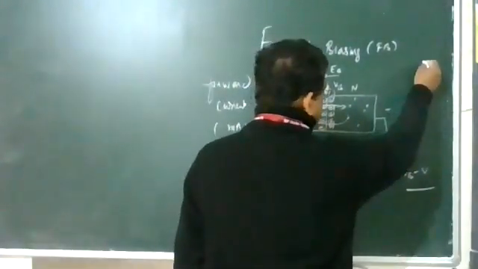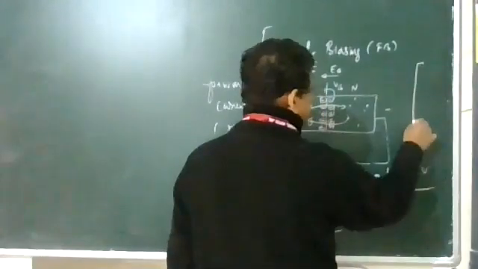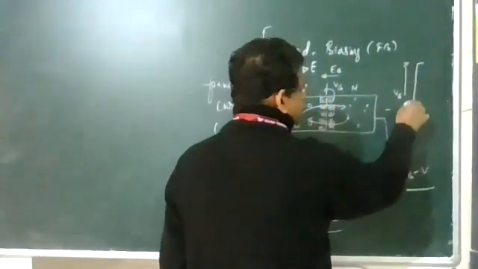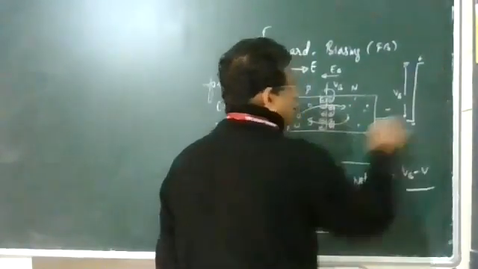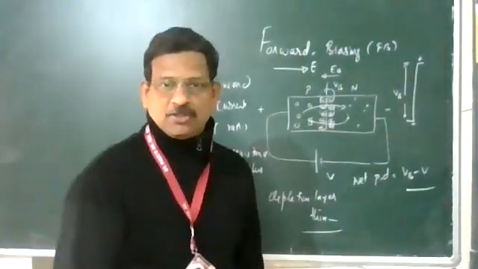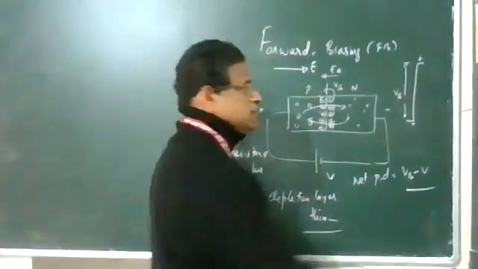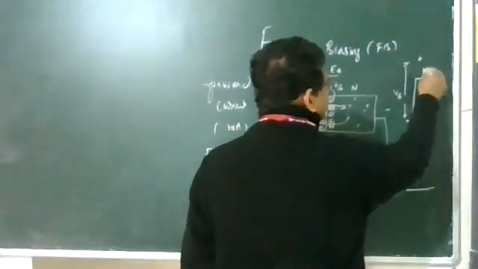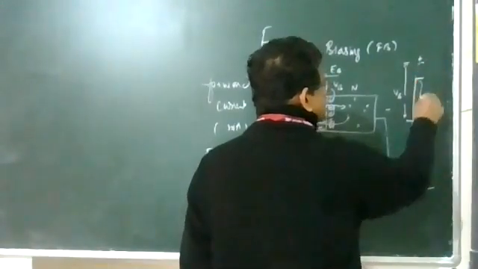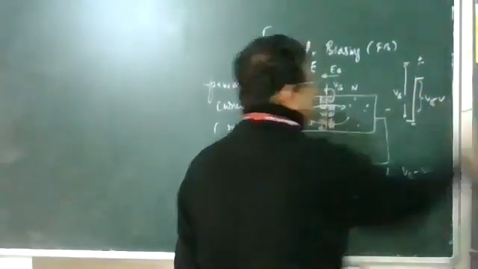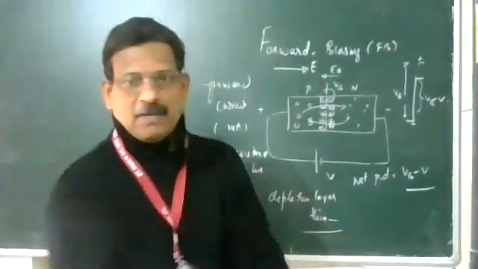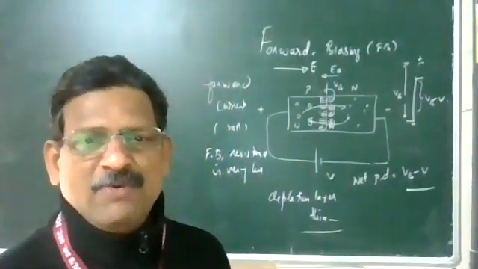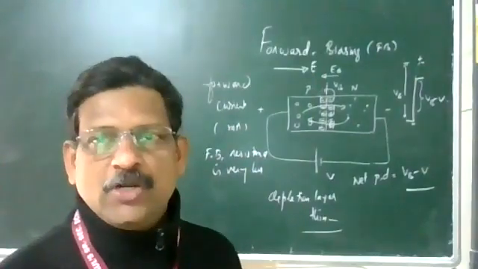Suppose I show the potential difference like this. This is the barrier voltage if you mark the positive and negative values across a PN junction. Under applied voltage it will decrease, and it will be up to here only. So this way I can draw a line; this is VB minus V. So the potential difference at the junction decreases, and it will be easy for majority carriers to cross.